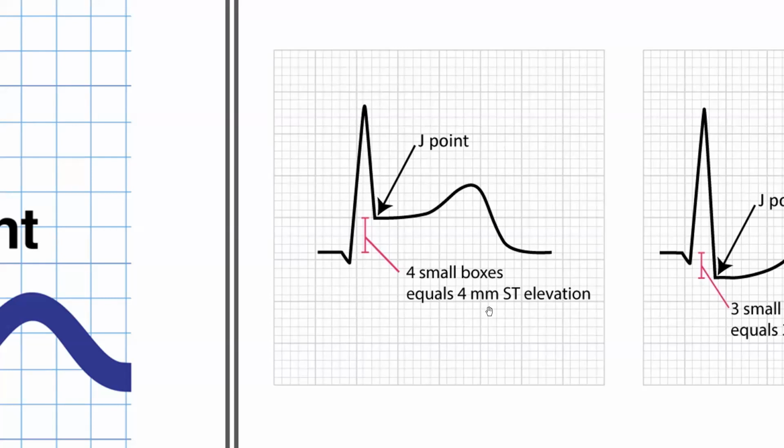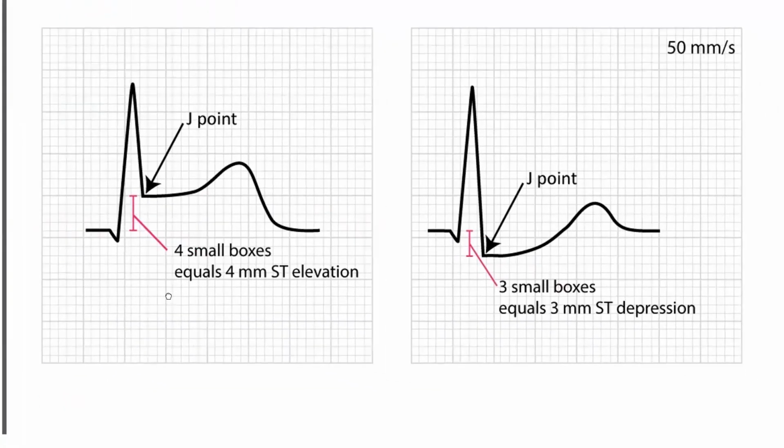So in looking at the image on the right side, do we have an ST abnormality? Yes, we have an ST abnormality because basically we should have a straight line going here and the ST segment or the J point should be here, but the J point is right underneath it. And if we take a look at it, we could measure the deviation is 3 small boxes.